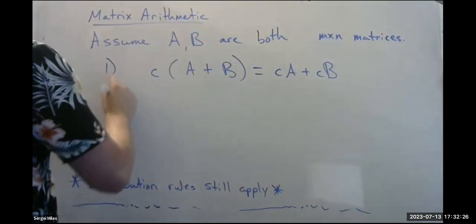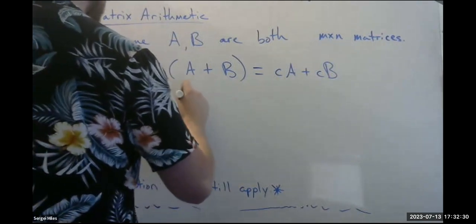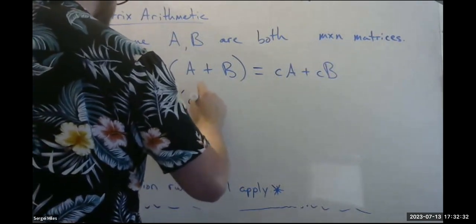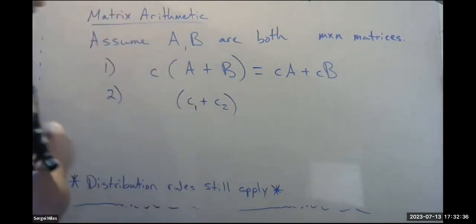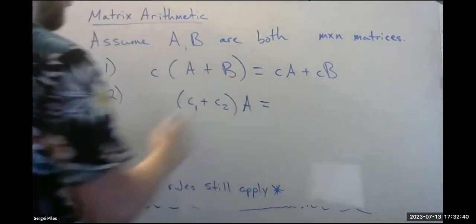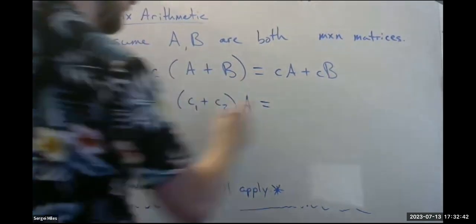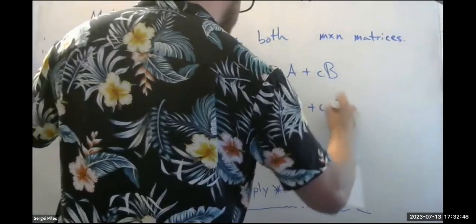Or similarly, if, say, I have two scalars, C1, C2, these are constant real numbers being multiplied by a matrix, I can distribute the matrix across these constants, and it'll be C1A plus C2A.